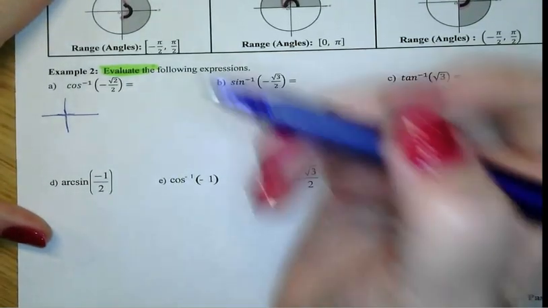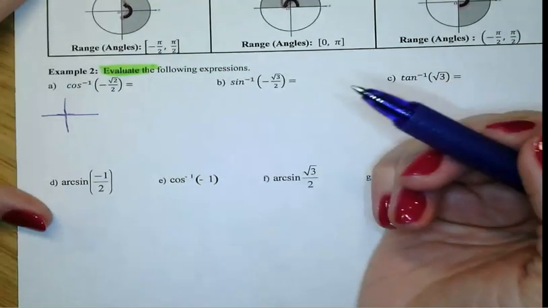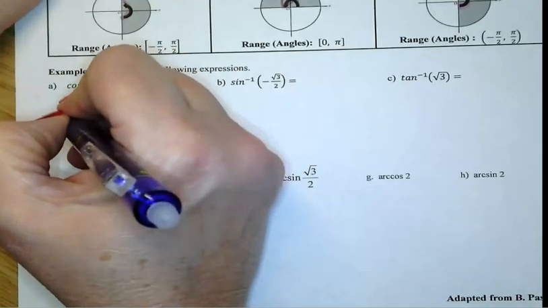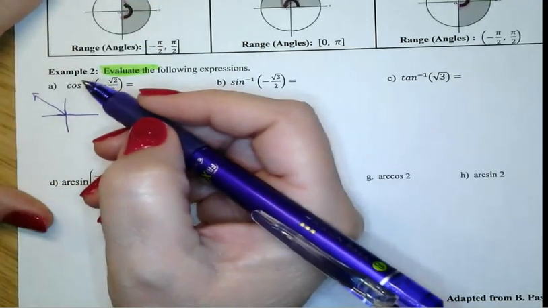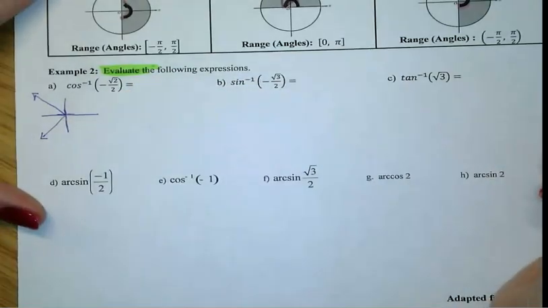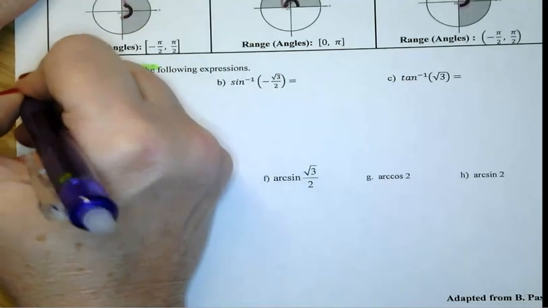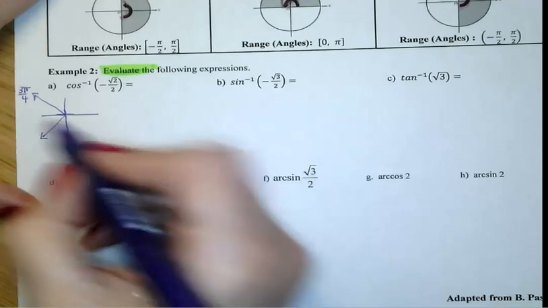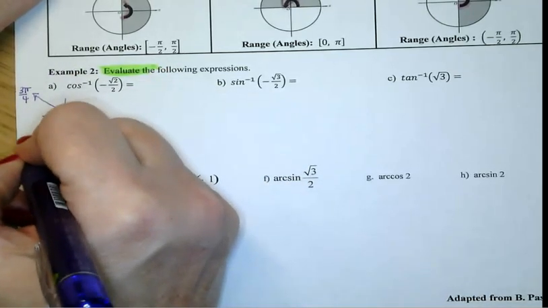So I'm going to start first by looking at where would those two angles be. So cosine could be negative in quadrant 2, or it could be negative in quadrant 3. So what would the pi over 4 angle be in the second quadrant? That would be 3 pi over 4. And what would the pi over 4 angle be in the third quadrant? That would be 5 pi over 4.